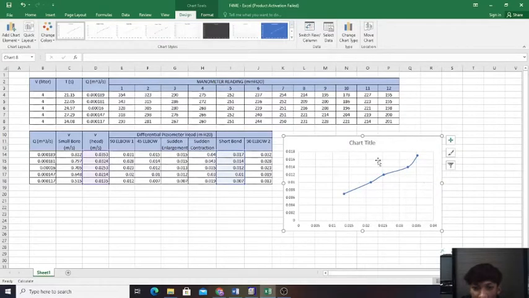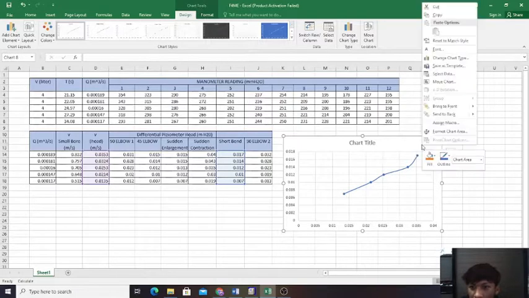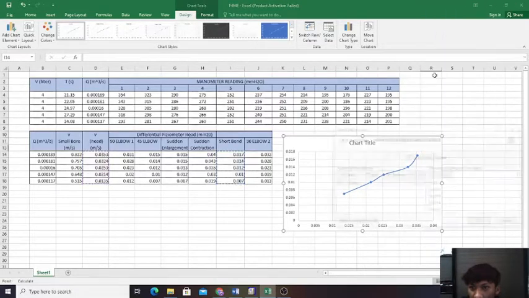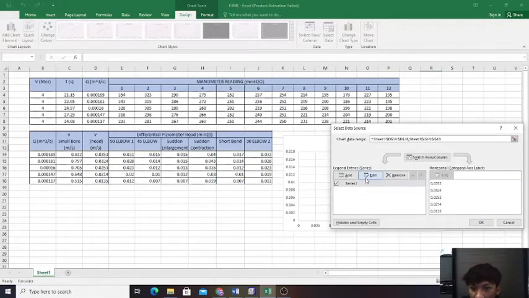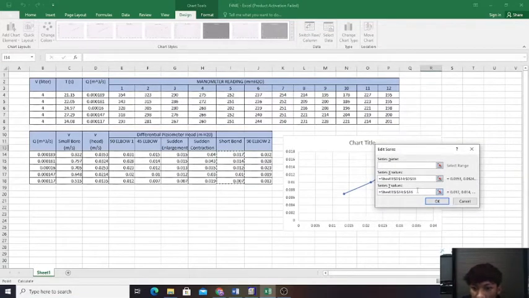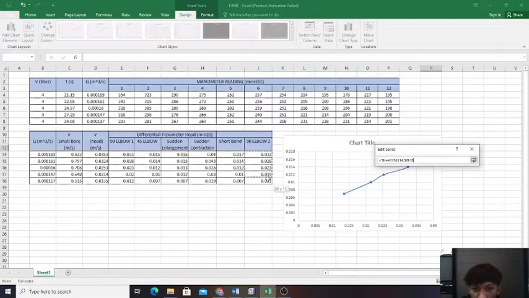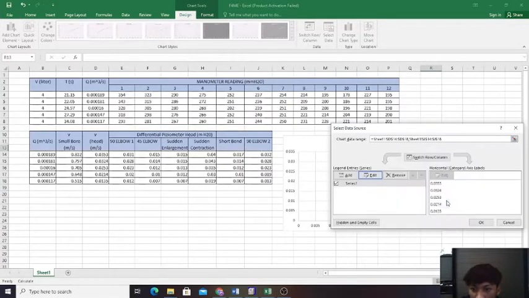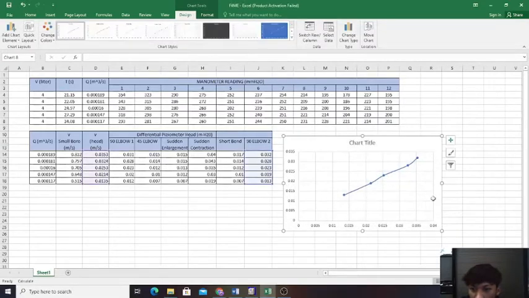This is the fifth graph, and then for the last graph we take the 90 L2. So this is the last graph.